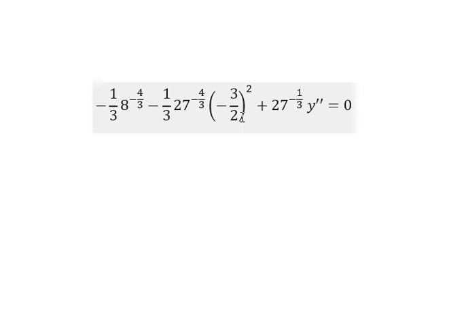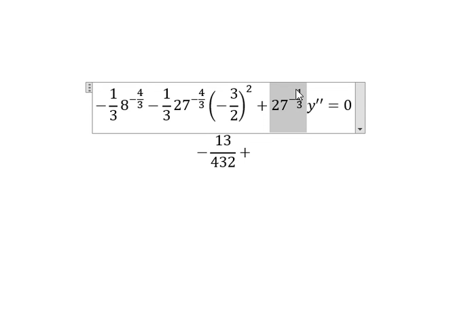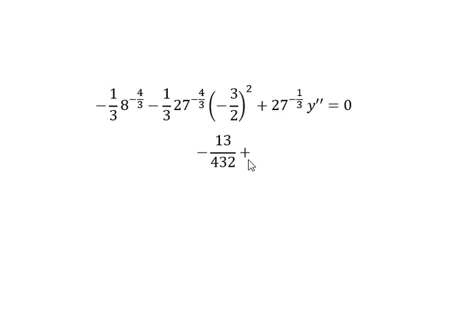Now, we need to simplify this one, and you get negative 13 over 432. About this one, we get 1 over 3.